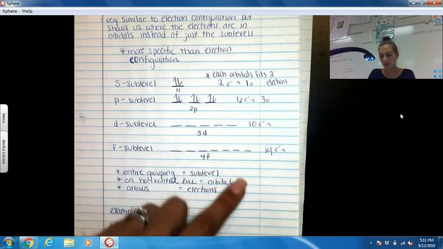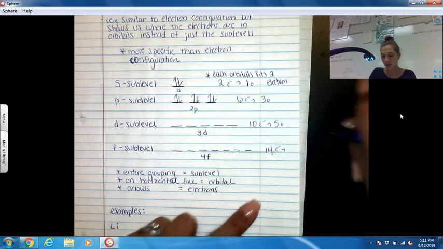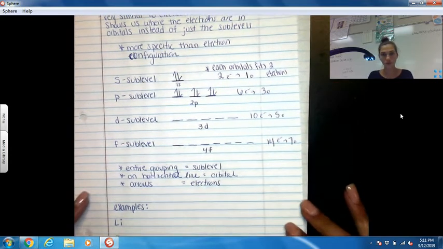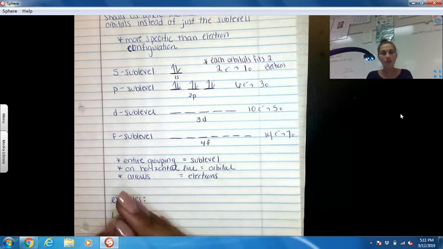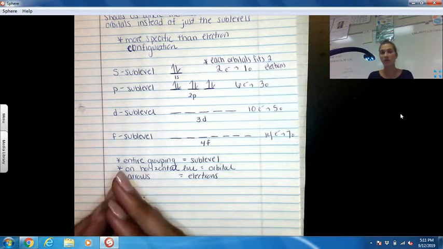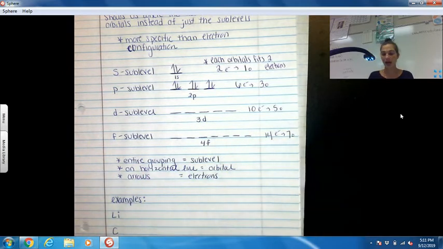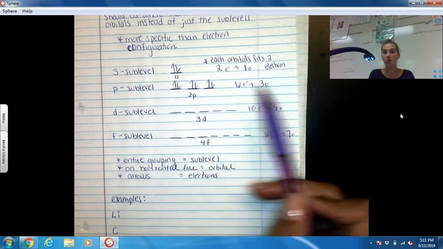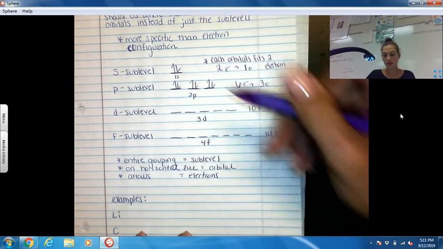Our Ds will have 5 orbitals, and our Fs will have 7 orbitals. Okay, so our orbital is just a specific spot where an electron has a high probability of being. So we represent it with horizontal lines that we can place our electrons on.